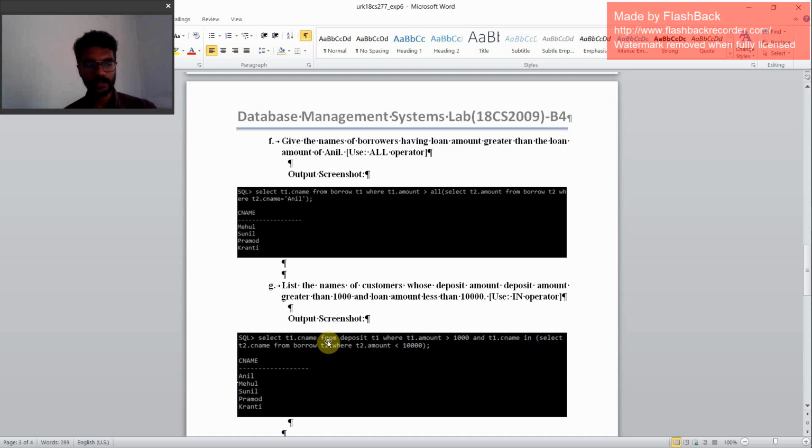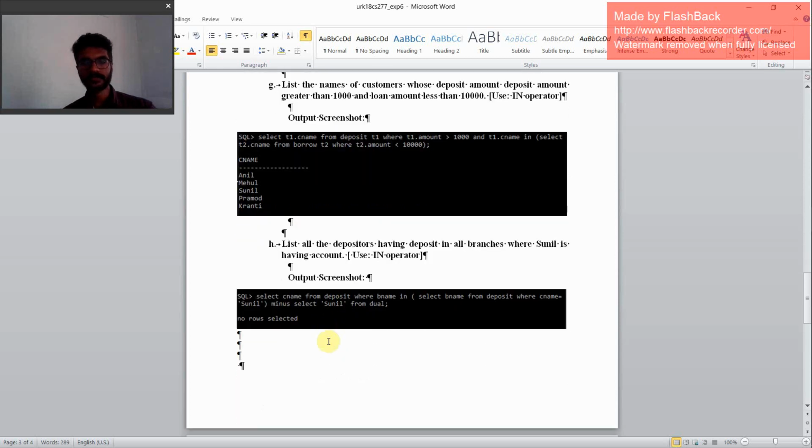These are the people who have deposit amounts greater than 1000 and loan amounts less than 10,000. Now list all the depositors having deposit in all branches where Sunil has an account. Select C name from deposit where B name in select B name from deposit where C name is Sunil, minus select Sunil from dual.